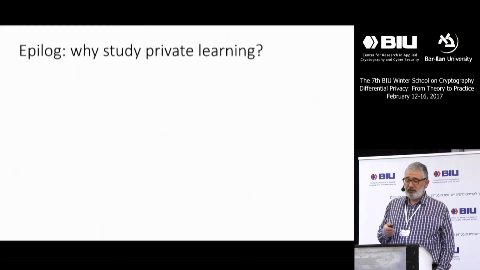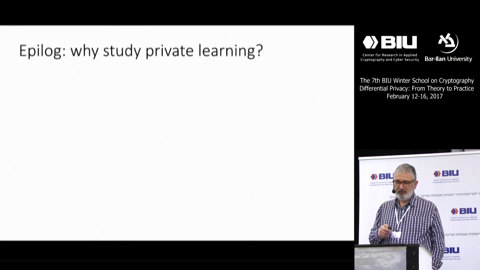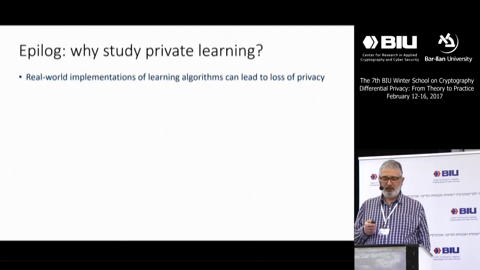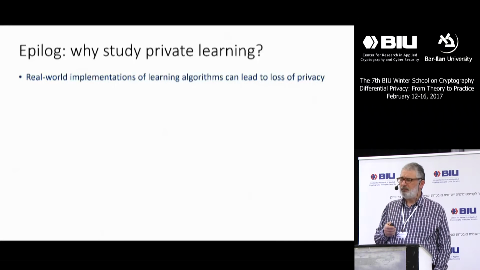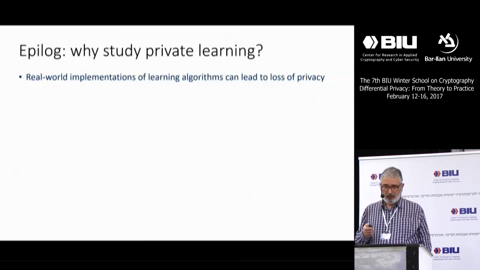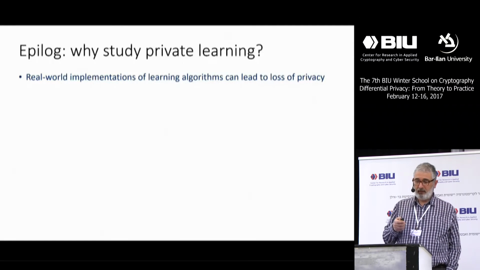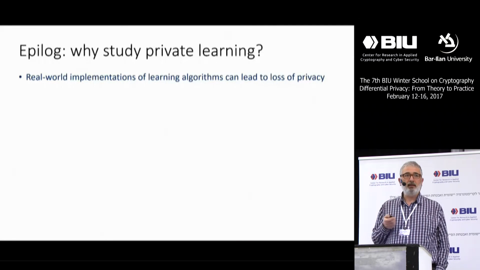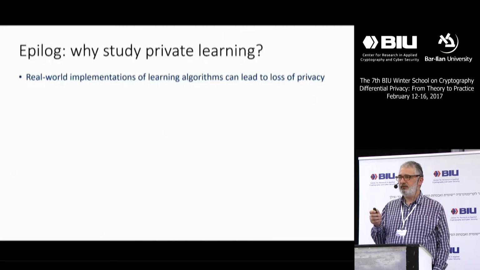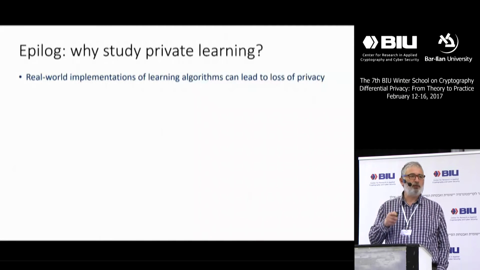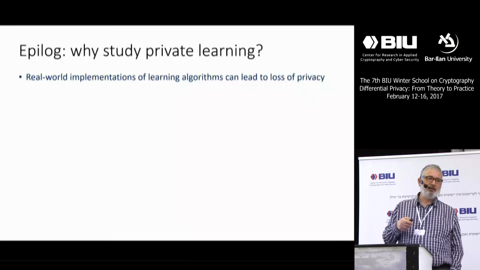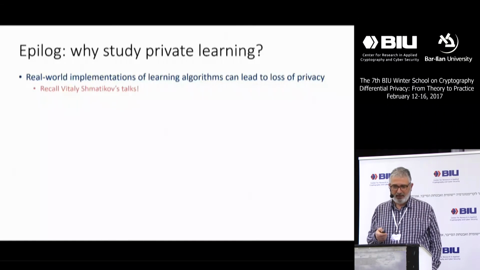Okay, so let me finish with these two slides. Why do we study private learning? One reason is that real-world implementations of learning can lead to loss of privacy. I think Vitaly gave a very convincing argument there, probably more convincing than my argument with Shiva's data.